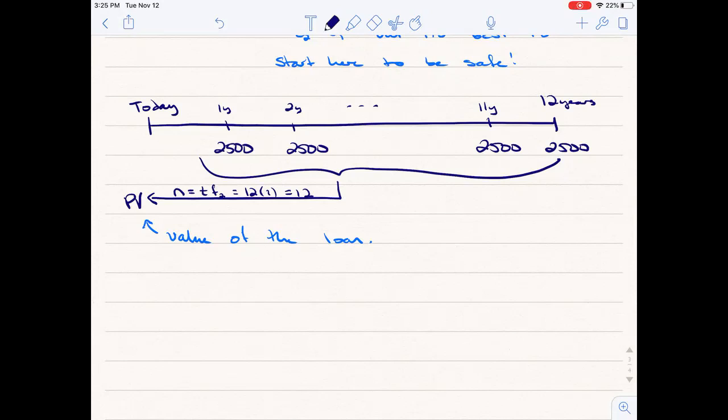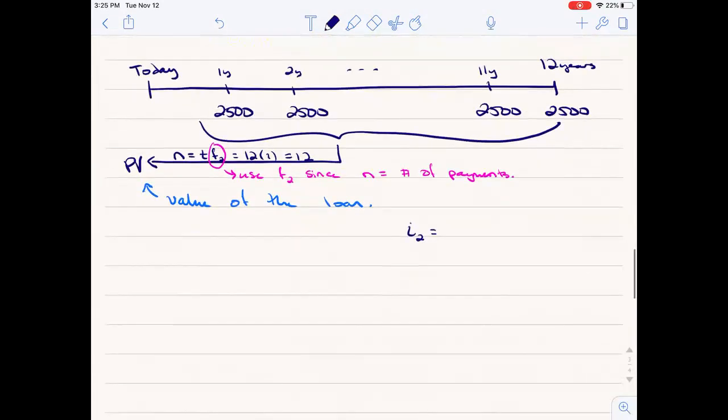As long as you remember to use F2, since n is the number of payments. And now I2 is 0.13. We already calculated it, but it's nice to summarize it all in one spot.